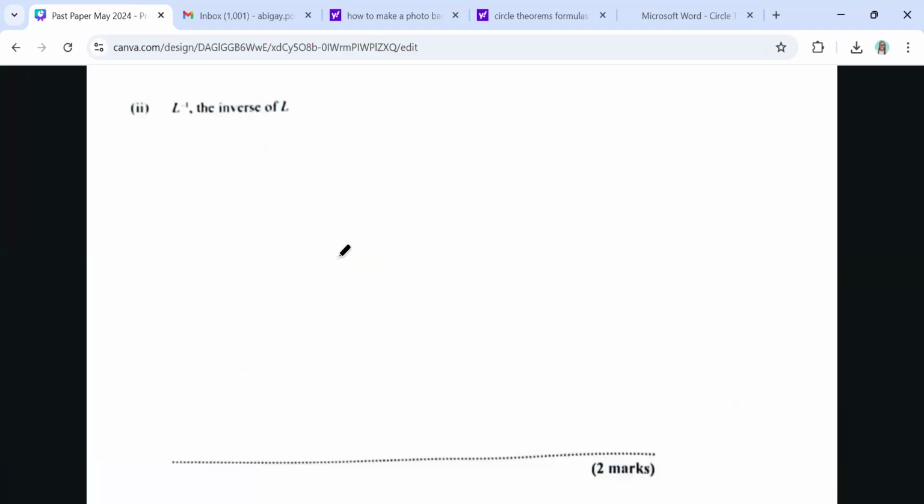All right, L inverse. We know our pattern.